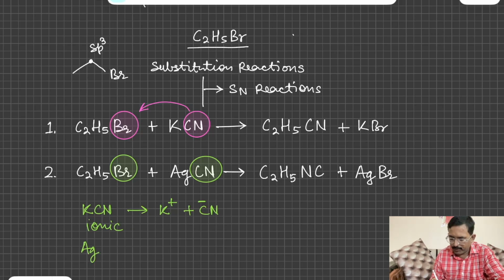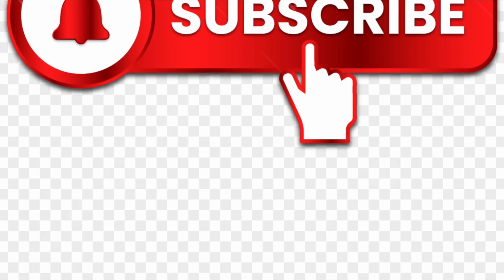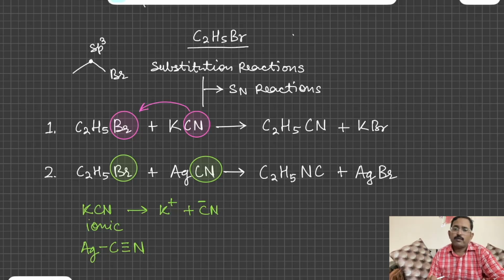But when we talk about AgCN, the reason is that as per Fajan's rule studied in class 11th, there were three postulates. Out of three, the third one is applied here. We will not go into detail on Fajan's rule, but only this phrase, Fajan's rule, is sufficient to explain your answer.